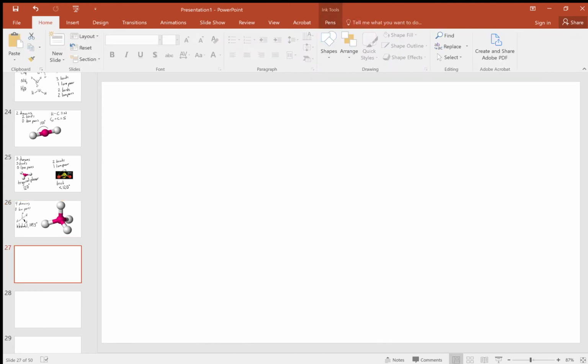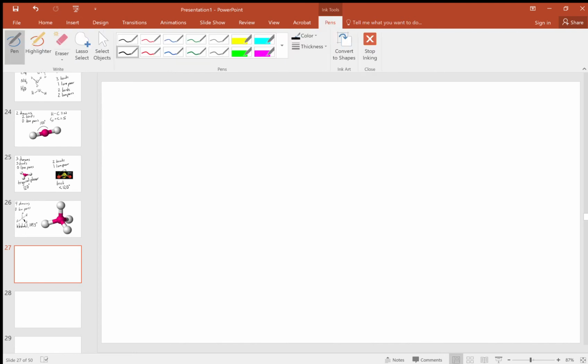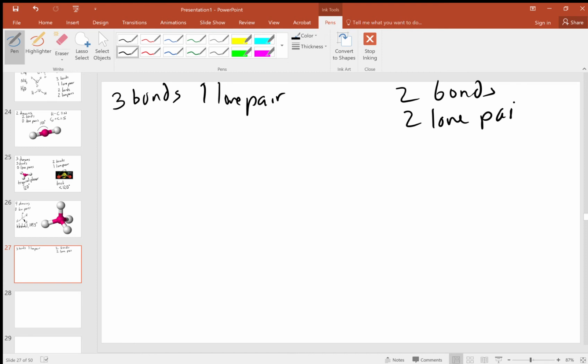All right, we've already seen our example of the next 2. So 3 bonds, 1 lone pair, and then 2 bonds and 2 lone pairs. 3 bonds, 1 lone pair is ammonia as an example.